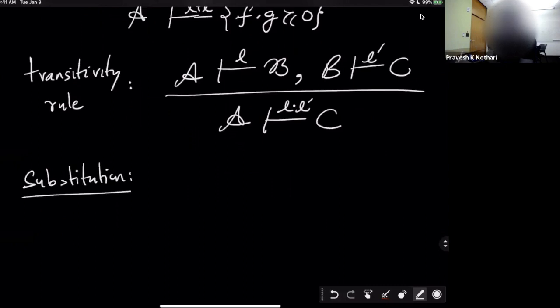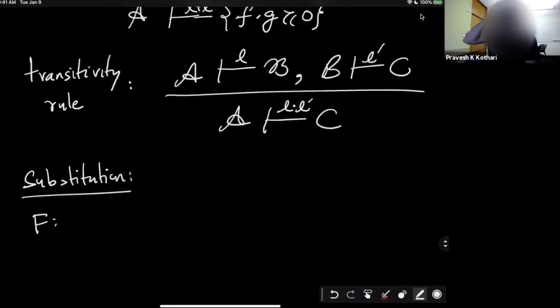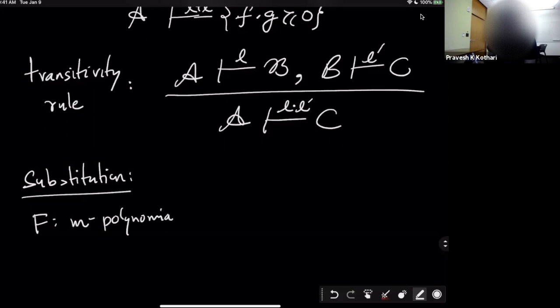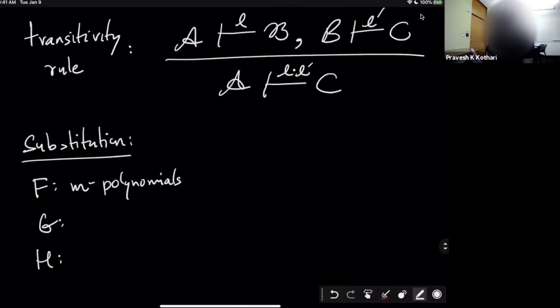And the last one I want to point out is the substitution rule. So let's say F is a collection of m polynomials, and let's say G is a collection of p polynomials, and H is a map from R^n to R^p.